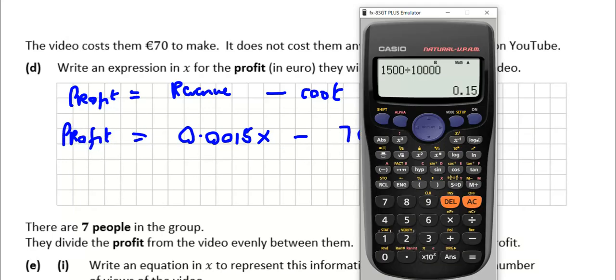So if I was to enter this function in a calculator, 0.0015X, I can actually check my workings here, and then minus 70.